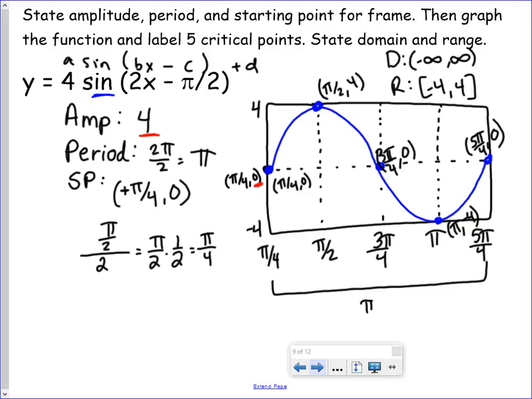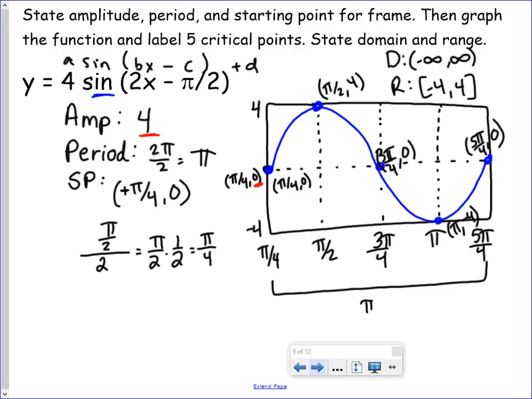Okay, so that's the basics of graphing, constructing the frame. The things you'll probably have to spend the most time with are, obviously, correctly identifying your starting point. If you get the starting point incorrect, then the rest of the graph is going to be labeled incorrectly from the get-go. So starting point is really important. The other thing most people have a hard time with are the horizontal distances, in terms of adding your period and then finding those sections.